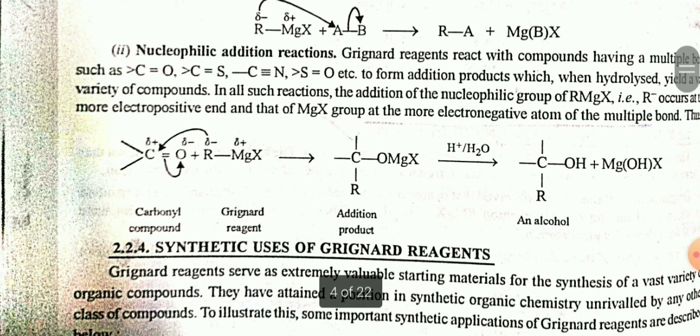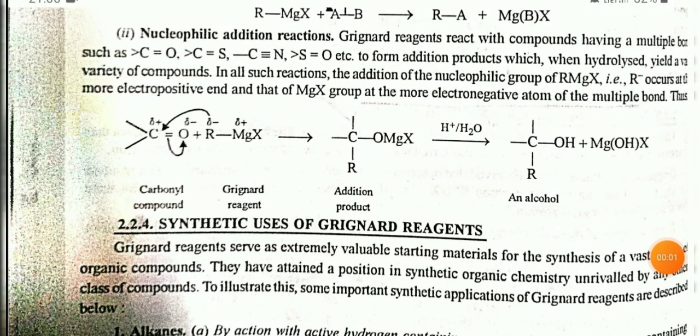Second, nucleophilic addition reaction. Grignard reagent reacts with compounds having a multiple bond such as C=O, C=S, C≡N, etc. to form addition products which when hydrolyzed yield a variety of compounds.